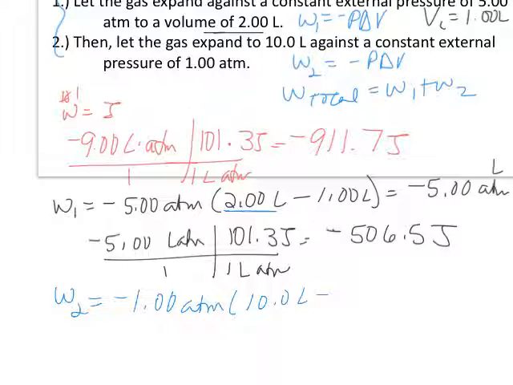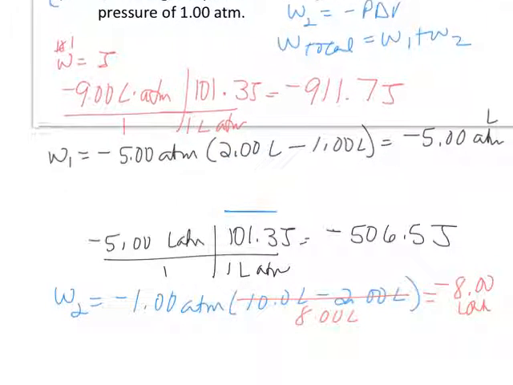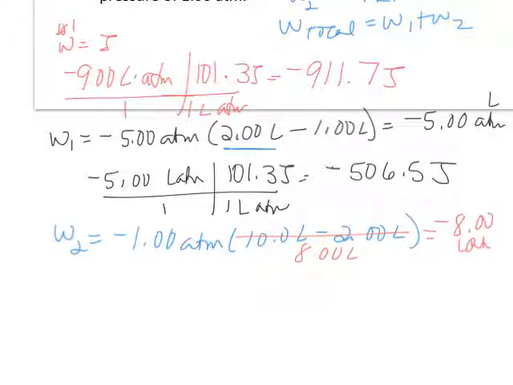Okay, so times that on that. So that's minus 2.00 liters, and this will work out to be 8.00 liters times negative 1, which is negative 8.00 atmospheres, and we are going to now convert that.